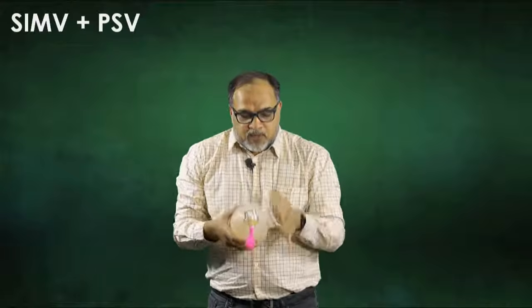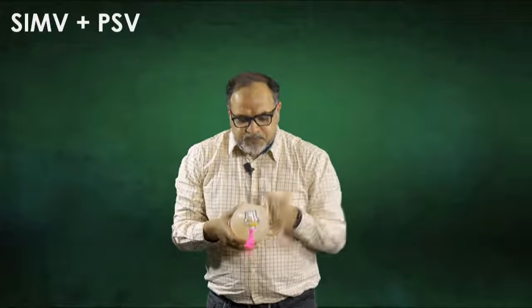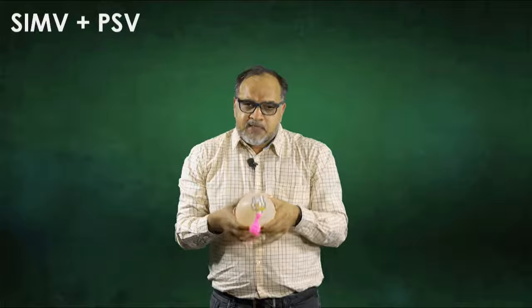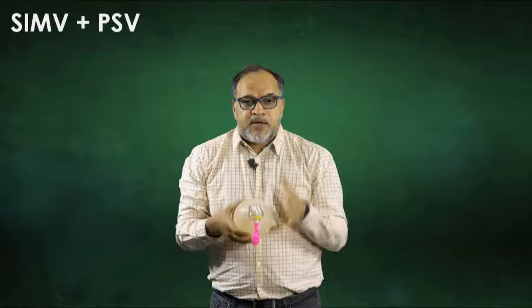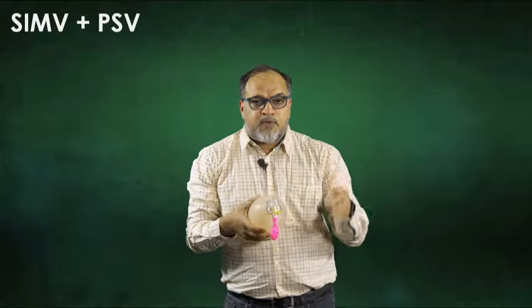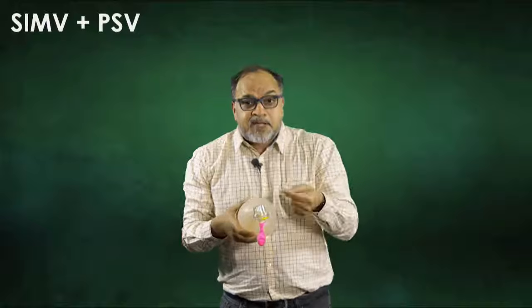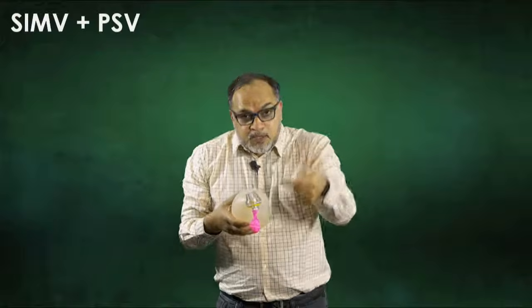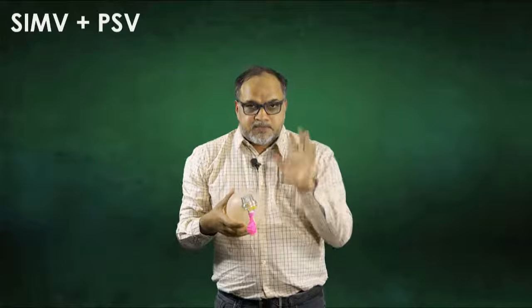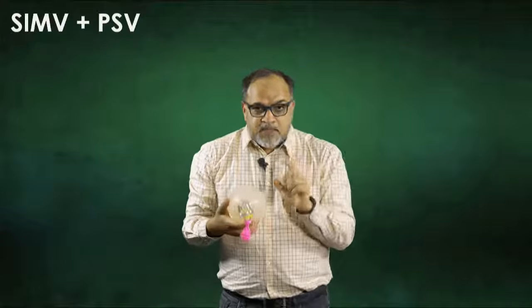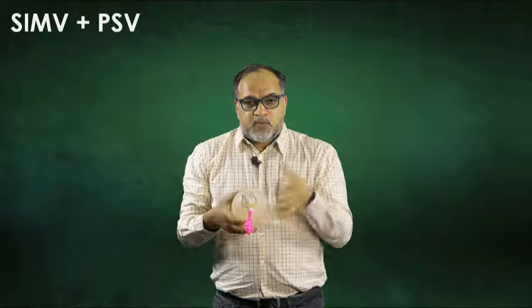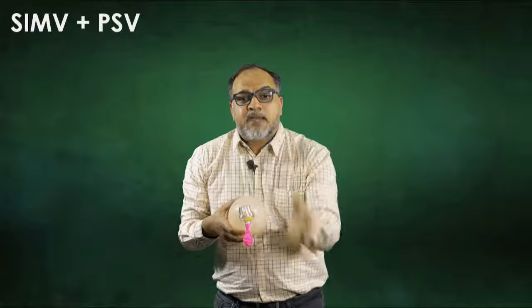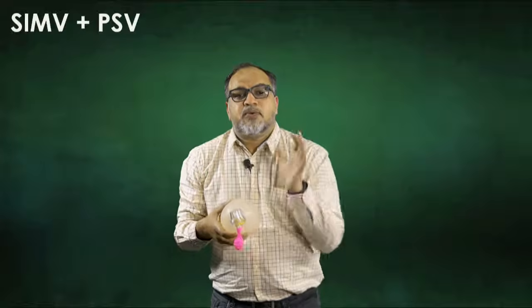So again, 1, 2, 3, 4, 5, nothing triggered, mandatory breath. 1, 2, 3, 4, 5, 5.5, patient triggered. It will give 500 ml of tidal volume to the patient triggered breath, right? And 1, 2, patient triggered, it will give 15 centimeters of pressure support.